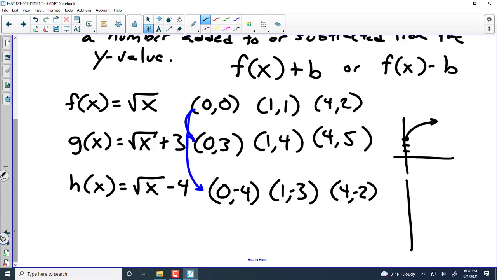And what that will do is it will take the entire graph and shift it down 4 units. That's how you do a vertical shift. Just add or subtract the number at the end. Adjust your y values to show that it's either been moved up or down, and you vertically shifted a graph.